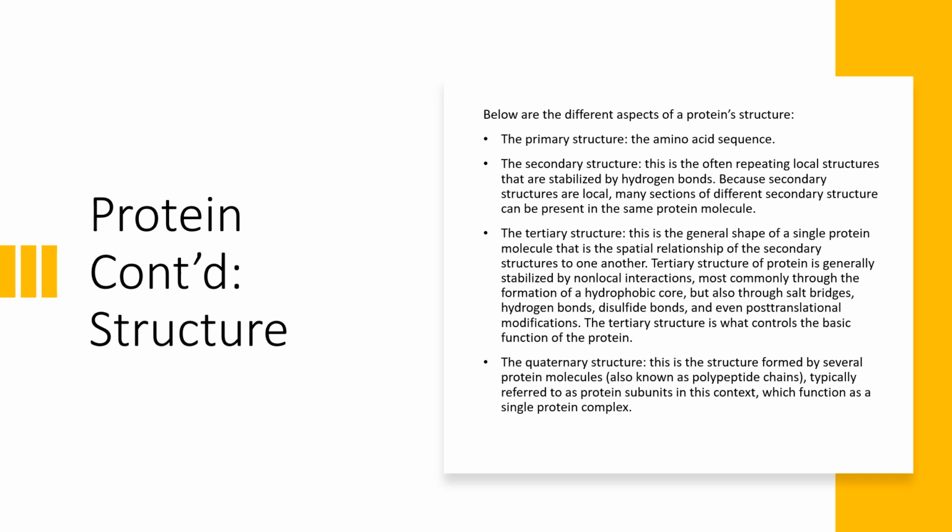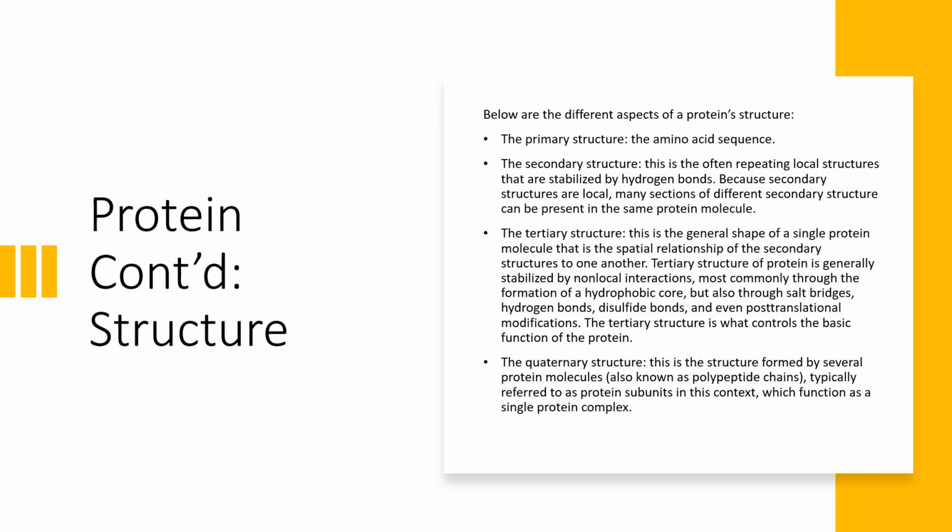Tertiary structure of protein is generally stabilized by non-local interactions, most commonly through the formation of a hydrophobic core, but also through salt bridges, hydrogen bonds, disulfide bonds, and even post-translational modifications.